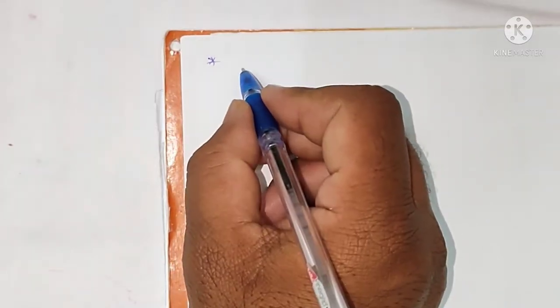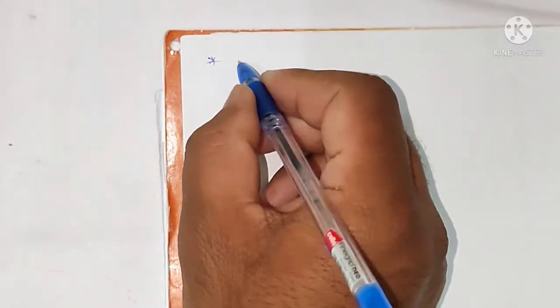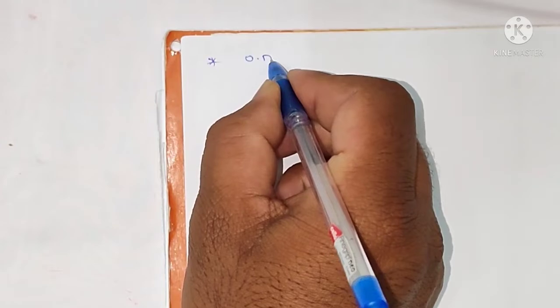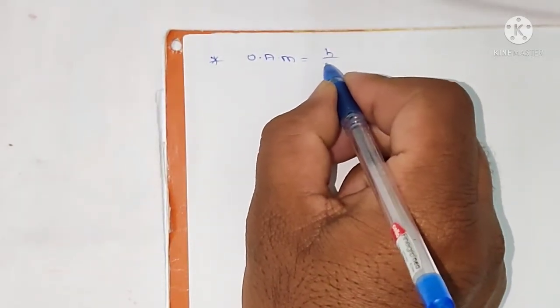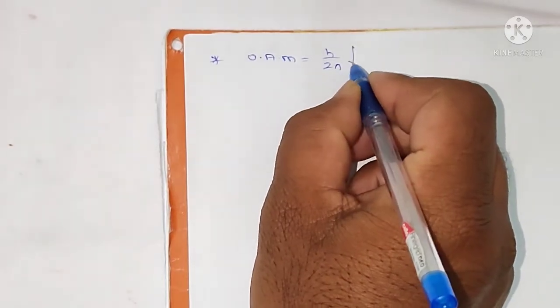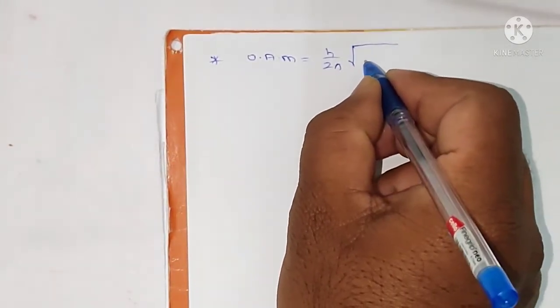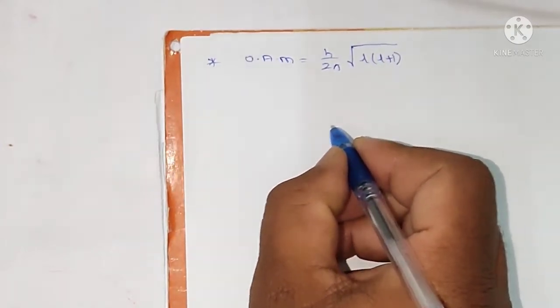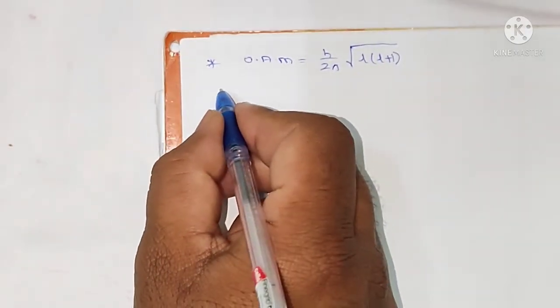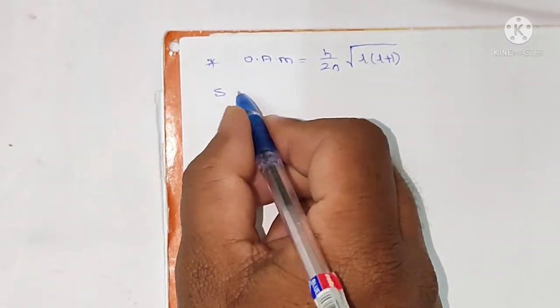and it expresses the orbital angular momentum. Orbital angular momentum is equal to h by 2 pi into under root of l into l plus 1. Let me take the s orbital angular momentum.